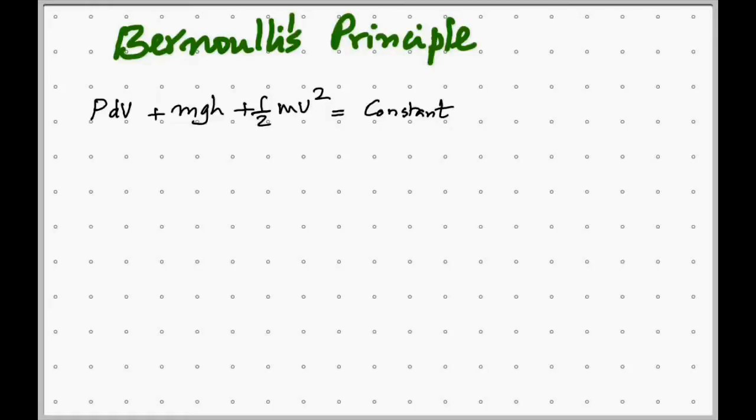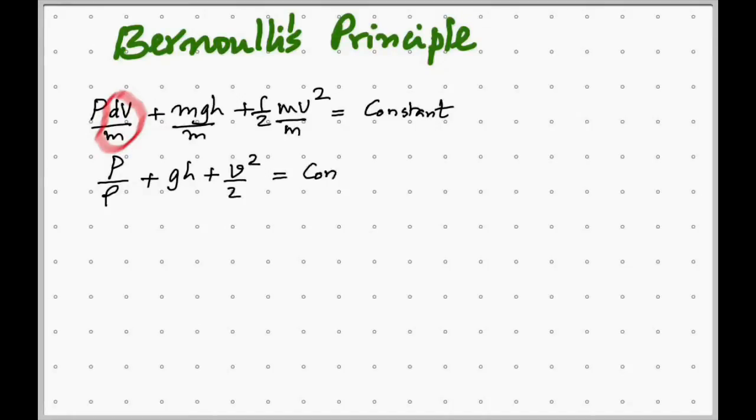So if you divide throughout by mass, you can get rid of the mass. And here you have volume by mass. What's that? Density, no, 1 by density. So P by rho plus gh plus v squared by 2. That's how you would see it on your formula sheet.